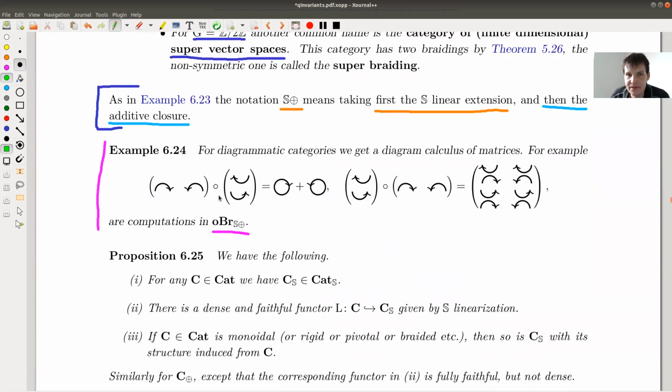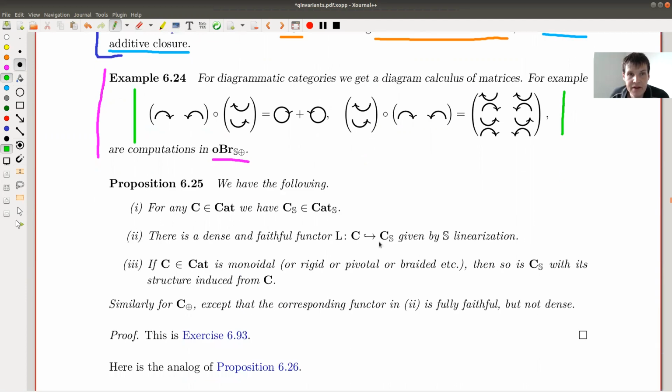Anyway, for this category, oriented Brouwer, first linear, adding diagrams, then taking direct sums, meaning you now have matrices of diagrams. That's what you see here, matrices of diagrams. So let me do this example.